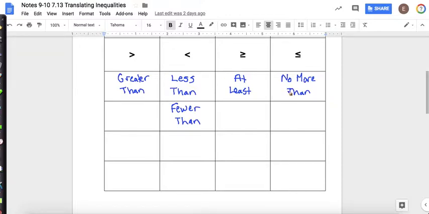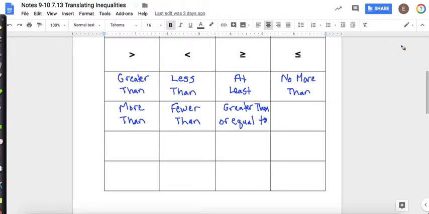The next word is more than. So more than by itself means greater than. Greater than or equal to, of course, is right here. Greater than or equal to. And you can cross it off your list.